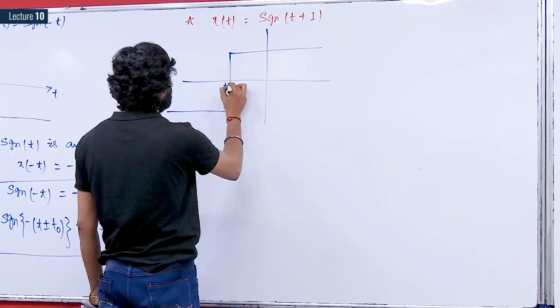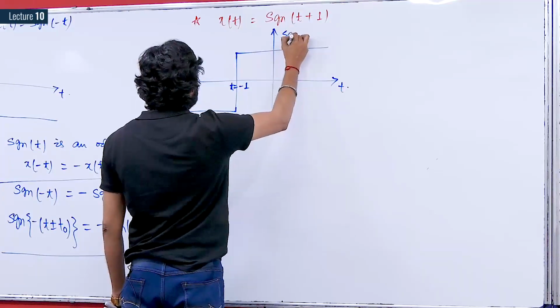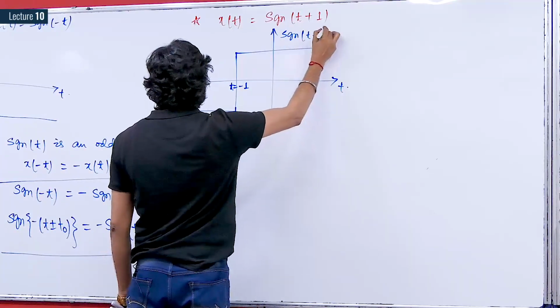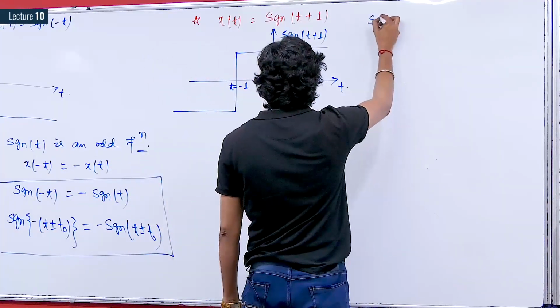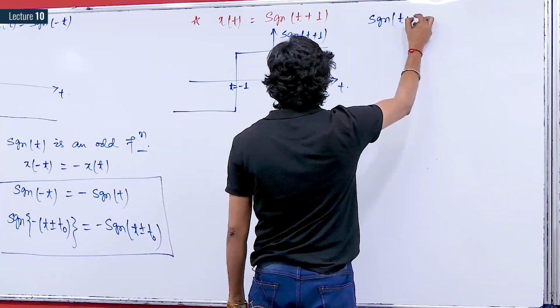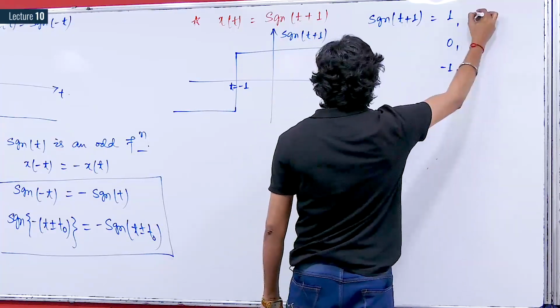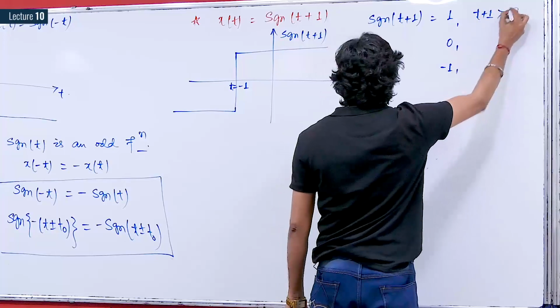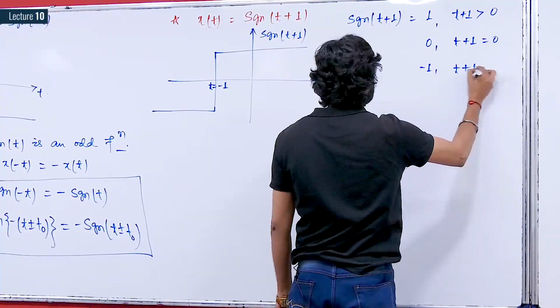Now, this point will be t equals minus 1, it is your signum of t plus 1, which can be obtained using the definition that if signum of t is defined, then you replace t by t plus 1. So, it will be 1, 0 and minus 1 for t plus 1 greater than 0, t plus 1 equals 0 and t plus 1 less than 0.